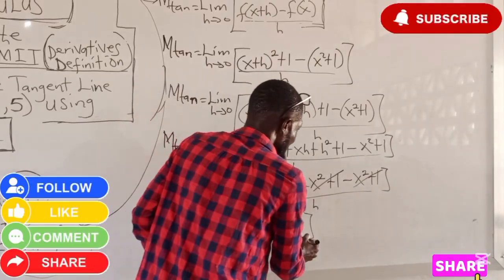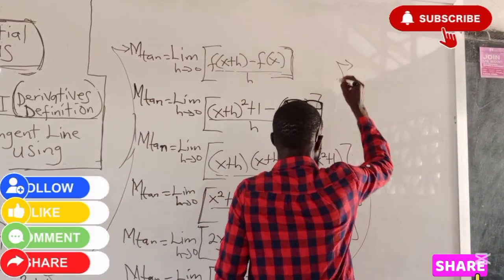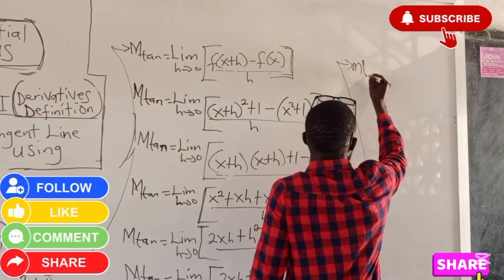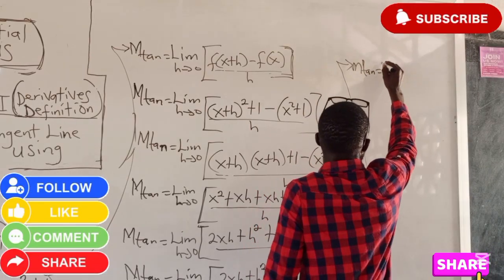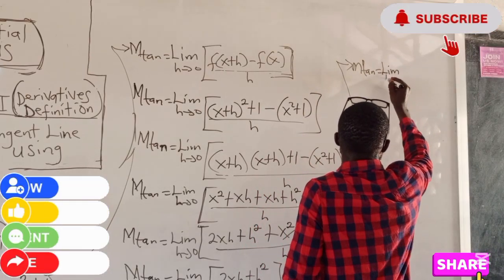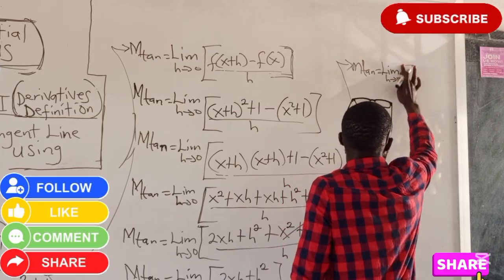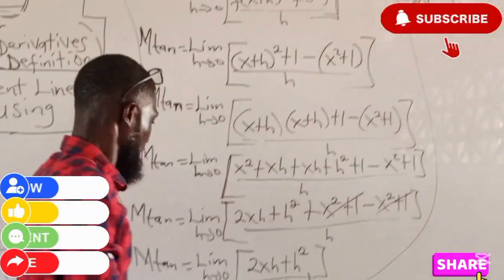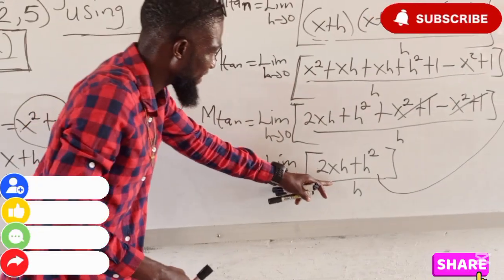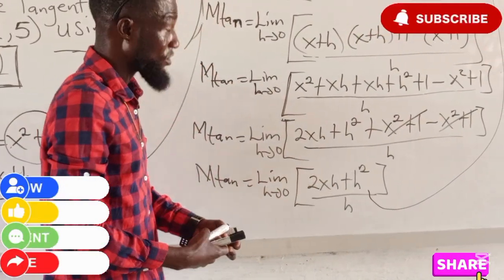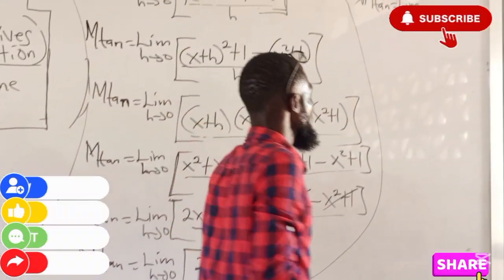M tangent will just be equal to the limit as h approaches 0 of 2xh plus h squared over h.